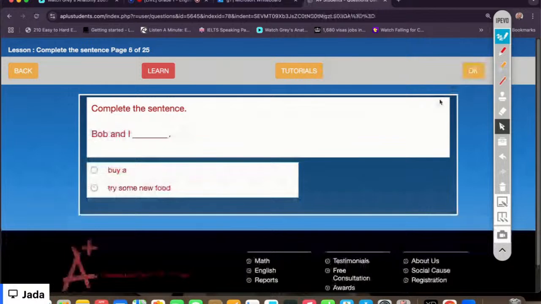Bob and I buy a, or Bob and I try some new food.